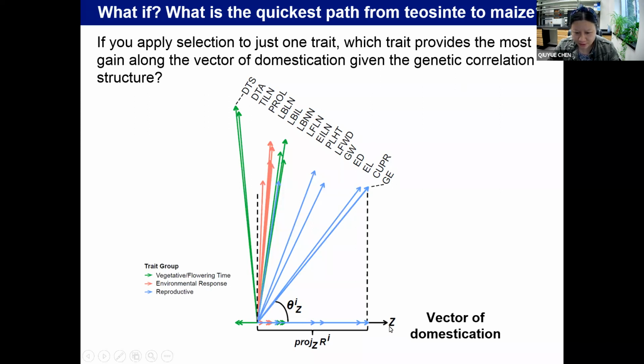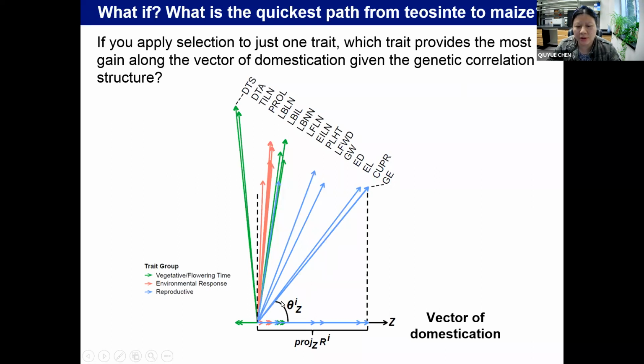In this plot, again, the Z is the vector of evolution or domestication, and the R is the response for each trait by using the multivariate breeder's equation.